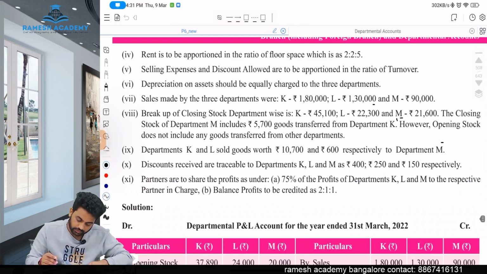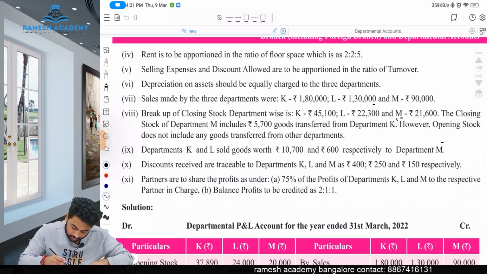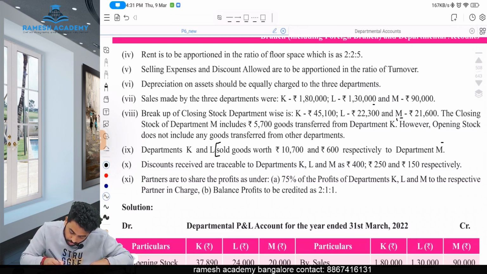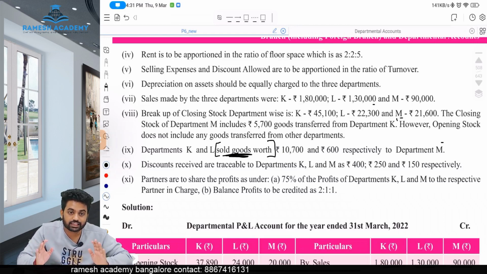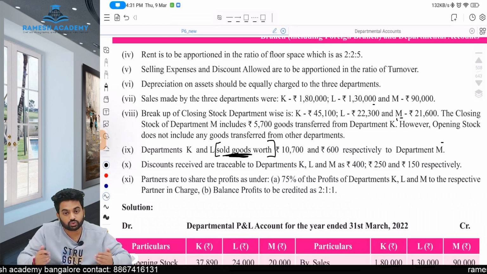They are telling that departments K and L sold goods. Are you guys getting? Sold means it's at selling price. They are not telling transferred at cost or cost plus percentage; they are directly telling it as sold.